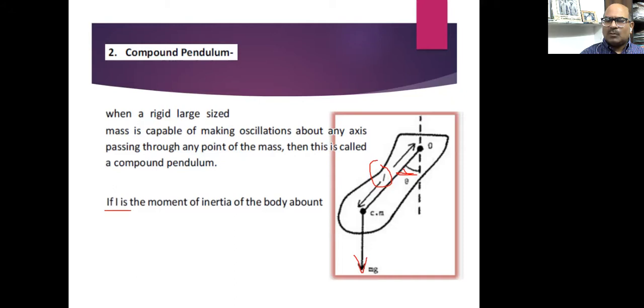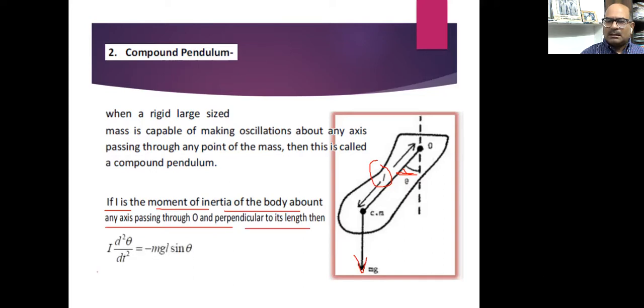So if capital I is the moment of inertia, because the moment of inertia will try to rotate it and try to bring it back to that particular fixed position, for any axis passing through O perpendicular to its length, we know that I d2 theta by dt square will be equal to the force.